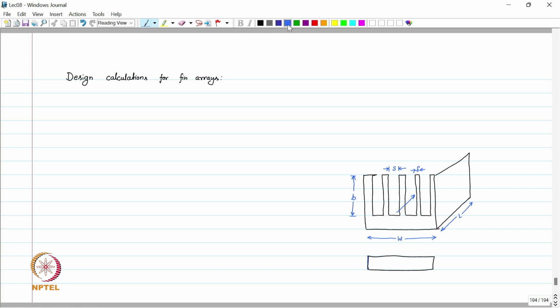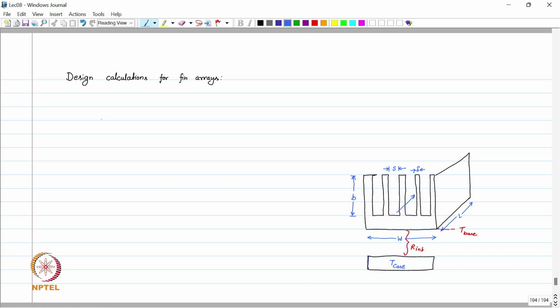This chipset is at a temperature T case or T casing, and there is a resistance in between this T case and the heat sink, which is, let's say, R internal. This is the temperature of the base of the heat sink, let's say T base. So these are some of the parameters we have assumed for this heat sink.